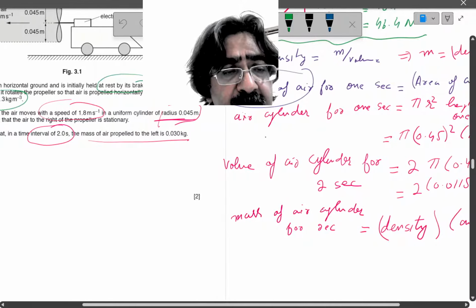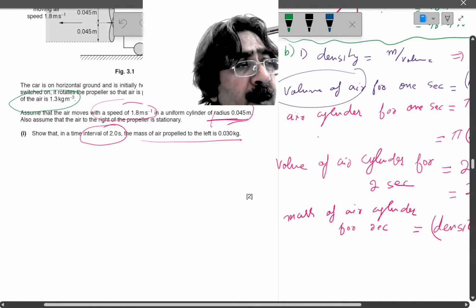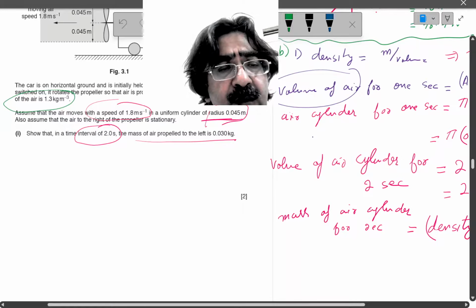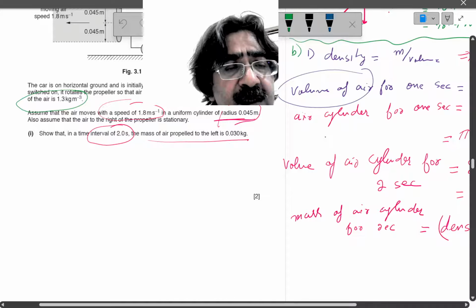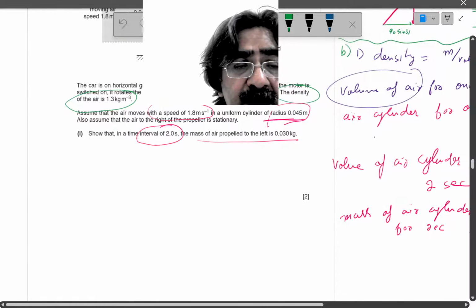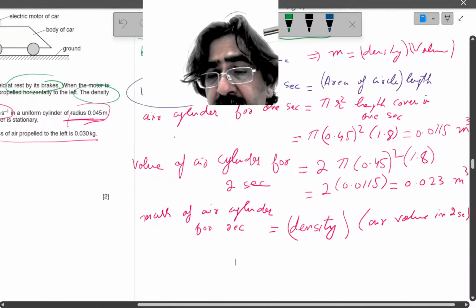Density is given. Okay, 1.3 kilogram. This is density, 1.3.